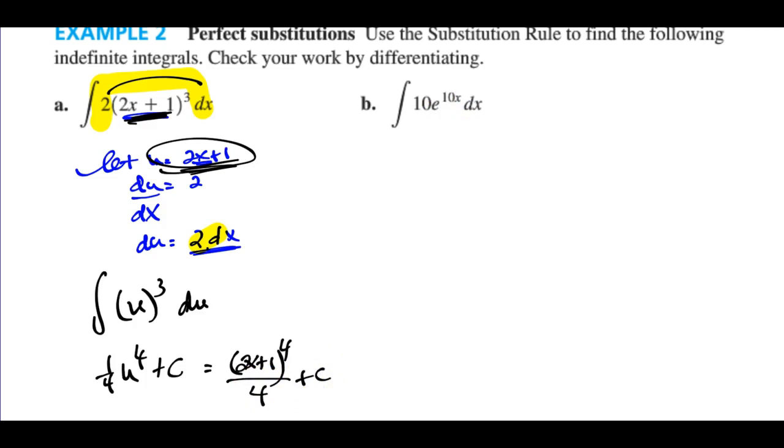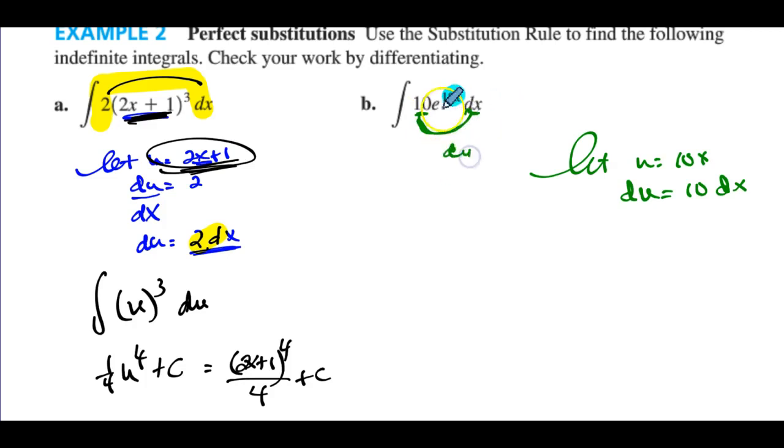Let's try it again. The inside function for this next problem is probably 10x. So we could let u equal 10x, then du would equal 10 dx, and the 10 and the dx conveniently all go to my du. I can see I'm going to integrate e to the u, because there's my u-sub, and I have that du, which is represented as a 10 dx.